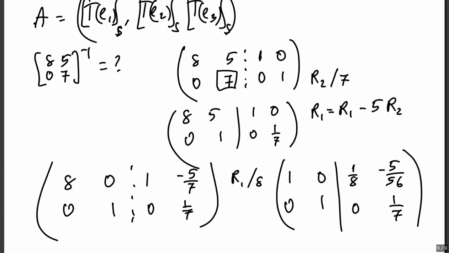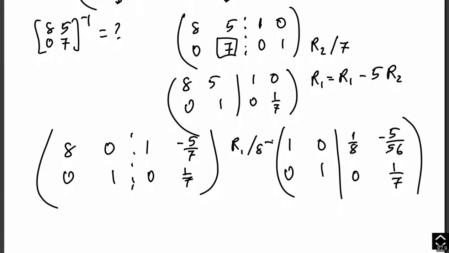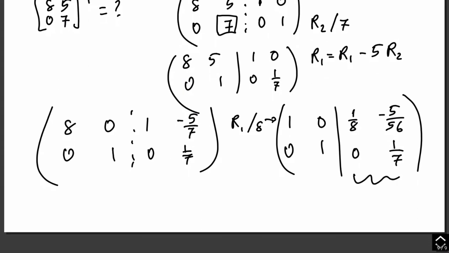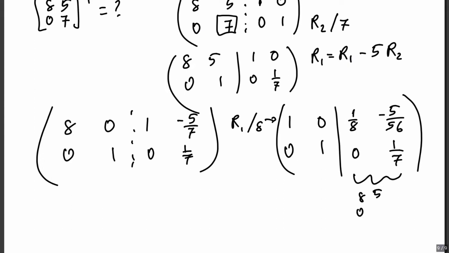I recommend that you use this fraction format, because if you use MATLAB, you might get some rounding errors when you do the calculations. So this is then the inverse of [8 5; 0 7]. And as you see, this is also an upper triangular matrix.